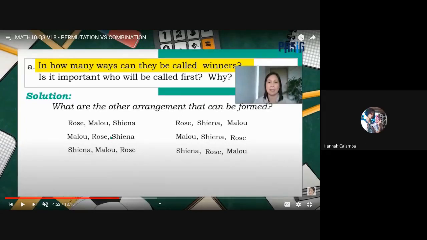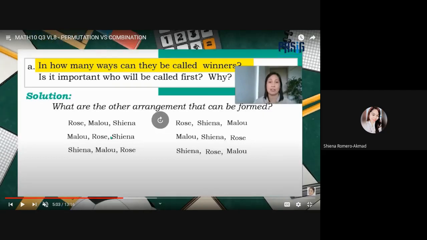Yes po. Yes, definitely. It is very important. Why? Because of course, yung first prize is much pricey, or the value of that is higher than the second prize and then the third prize. Diba? Mostly ganun naman pag mga raffle draws. Or kahit saan naman, kung sino yung nanalo ng first prize, mas malaki talaga yung premium niya than the other.